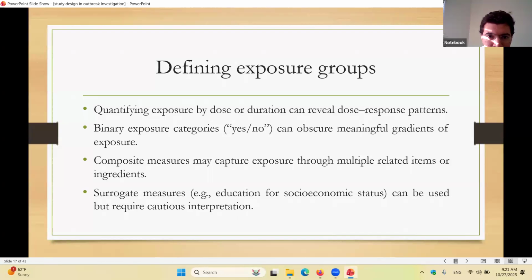Quantifying exposure by dose or duration can reveal dose response patterns. Binary exposure categories, which are yes-no exposures, can obscure meaningful gradients of exposure.